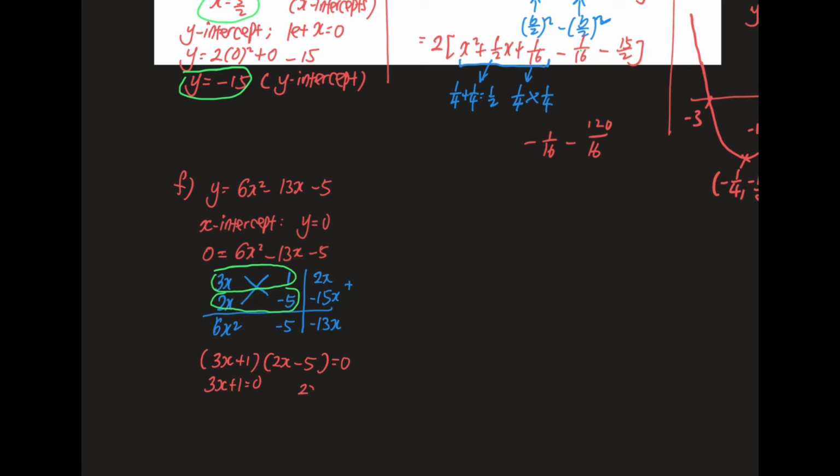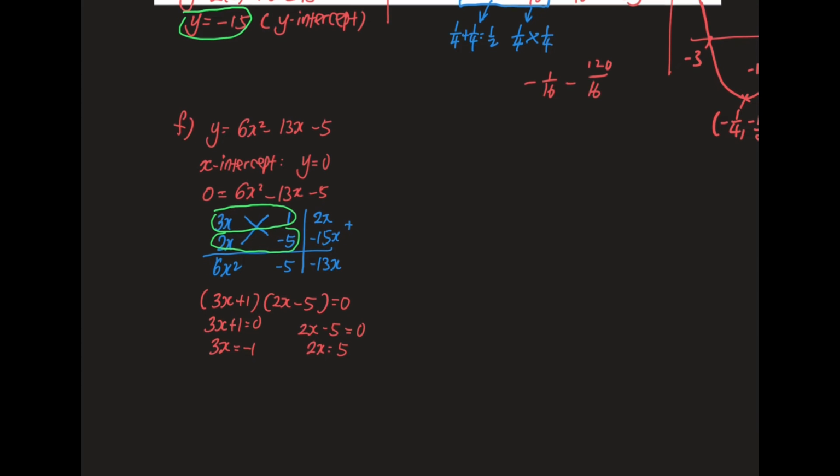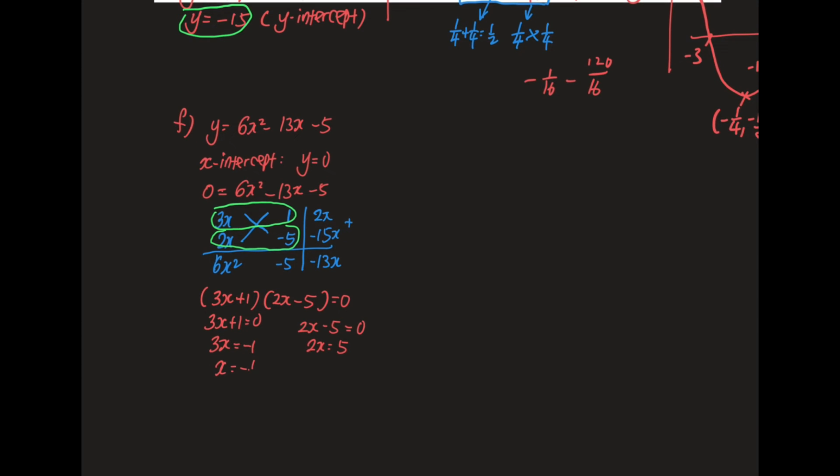Then we do 3x plus 1 equal to 0, 2x minus 5 equal to 0, and we get 3x equal to minus 1, 2x equal to 5. So x equal to minus 1 over 3, x equal to 5 over 2. And these are the x-intercepts.